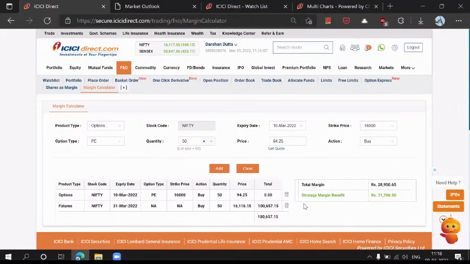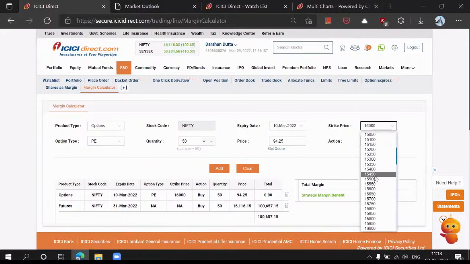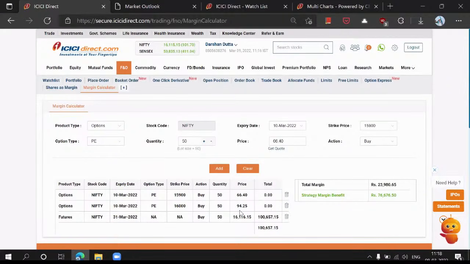If you feel that 94 rupees is a high cost and you want cheaper options, you could change the option, let's say from 16,000 to 15,800 or 15,900. It creates another 200 point risk if you're going that low, but your margins get optimized. So that's a very important thing when you get into a trade.